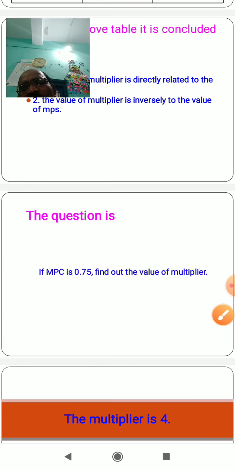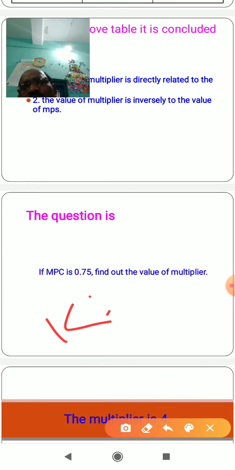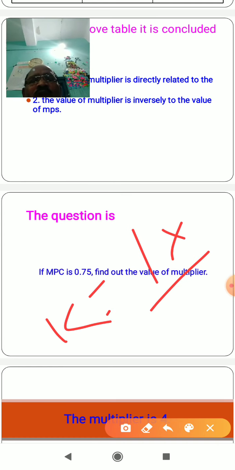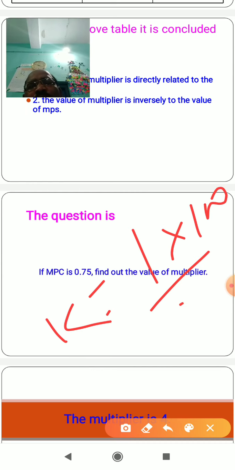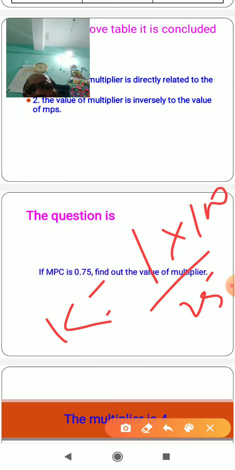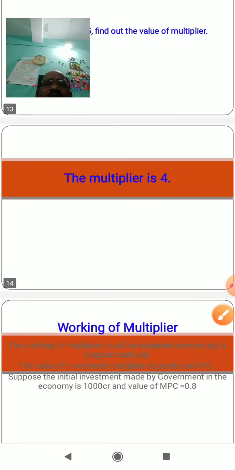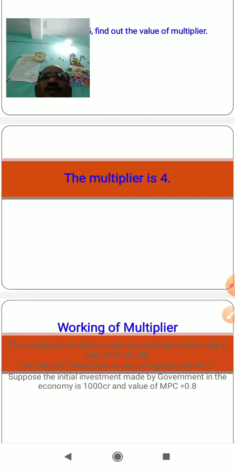What does it mean? It means K is equal to 1 into 100 divided by 25, equal to 4. That means the value of the multiplier equals 4.